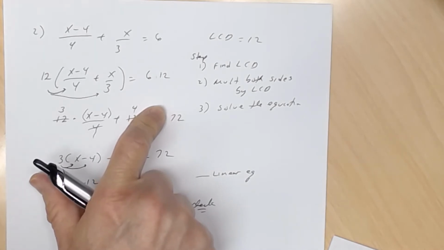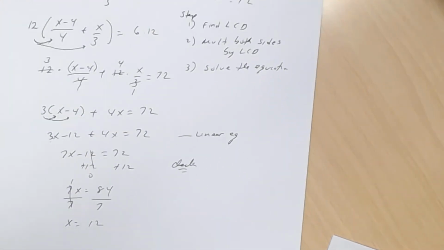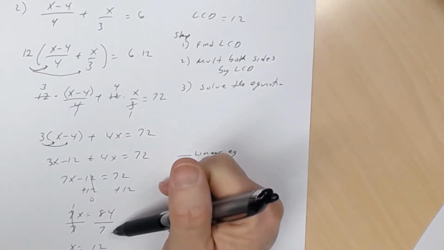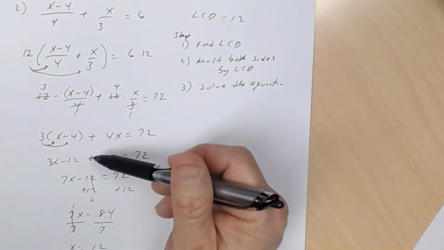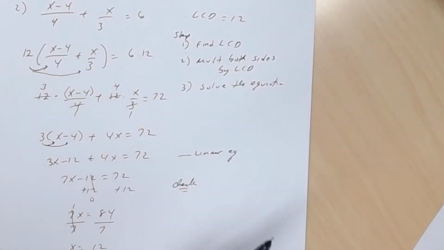It's necessary that you check, but in this case, it wasn't. But as a general rule, whenever you have rational equations, just go ahead and check. You're going to see what we mean by that. All right, but let's check this.